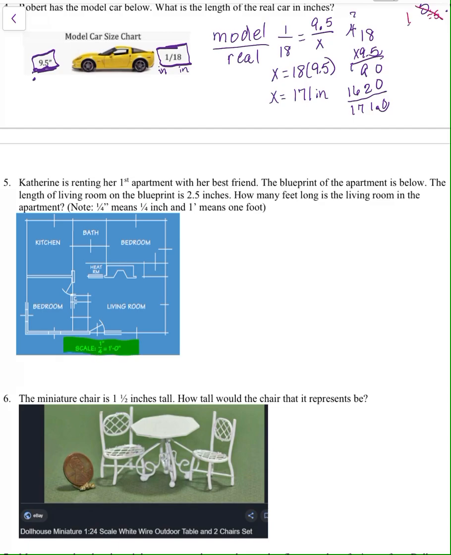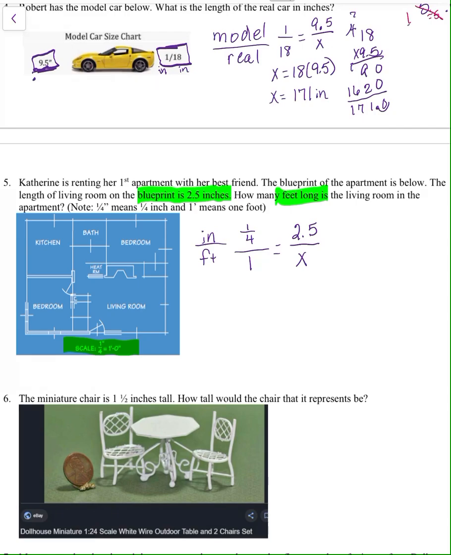And then the blueprint is 2.5 inches, and we want to know how many feet long. So we're comparing inches to feet, and we have 1/4 inch compared to 1 foot equals, the blueprint is 2.5 inches, so the 2.5 goes at the top with the inches, and that's X feet.